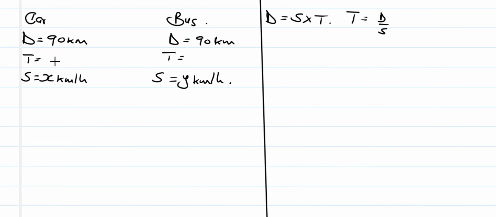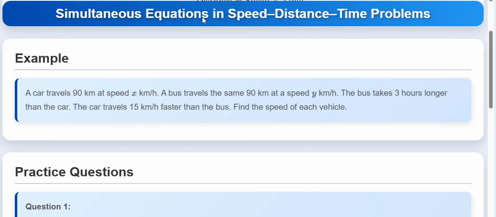So d, which is 90, over speed, which is x, that now remains the time for the car, and then the time for the bus will be 90 over y, because y is the speed. So I already have the distance, time, and speed for each of the vehicles.